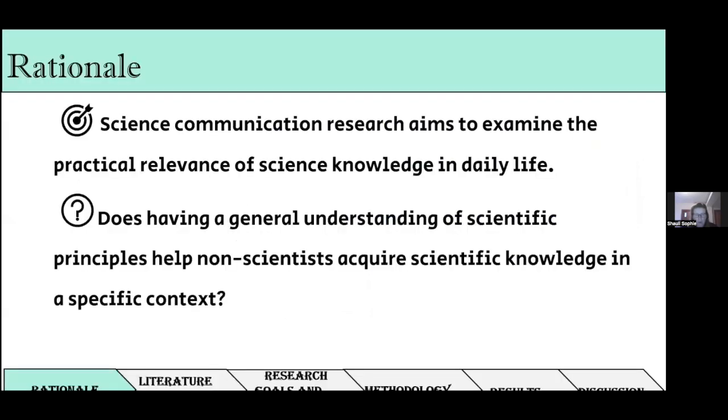One of the objectives of science communication research is to examine the practical relevance of scientific knowledge to daily lives. This type of research examines whether a non-scientist can recognize when scientific knowledge is present, find it, and apply it in a knowledgeable manner.